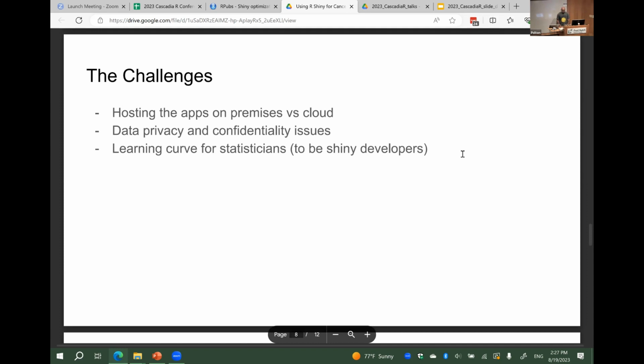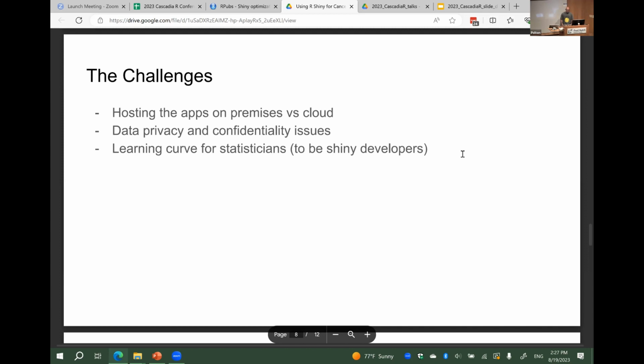The reason being the data that we use for these dashboards used to be patient-level data, and due to the stringent privacy requirements, the only way we can create those dashboards is if the data does not leave premises. And we couldn't do that, because our Shiny requires a Linux-based server, a Unix-based operating server, whereas our IT only supports Windows-based servers. So we were at a crossroads there.